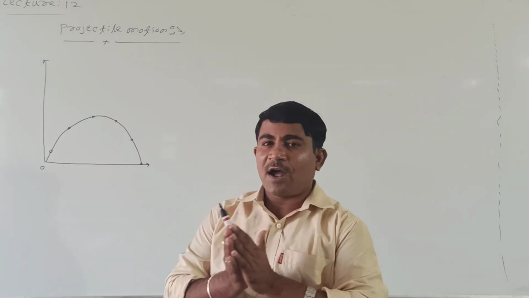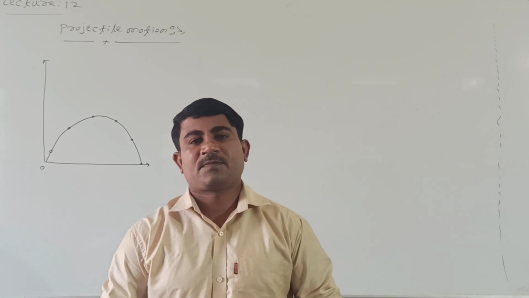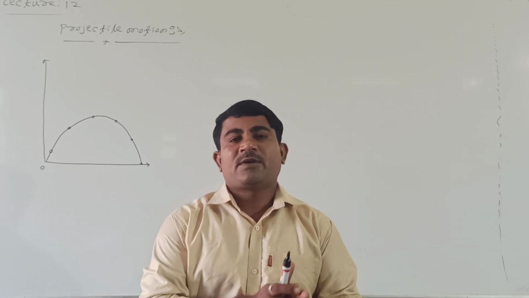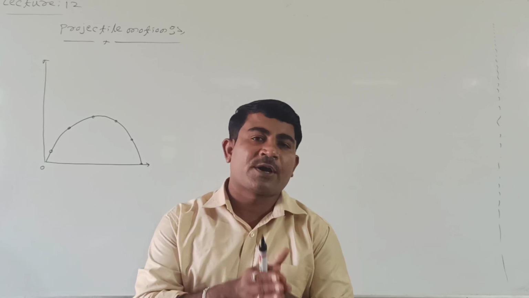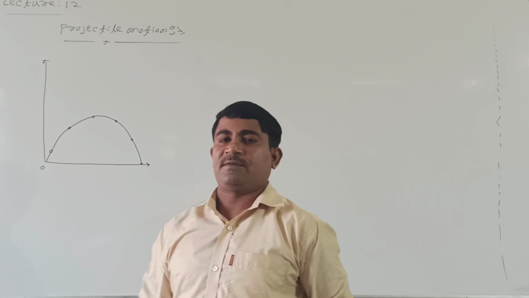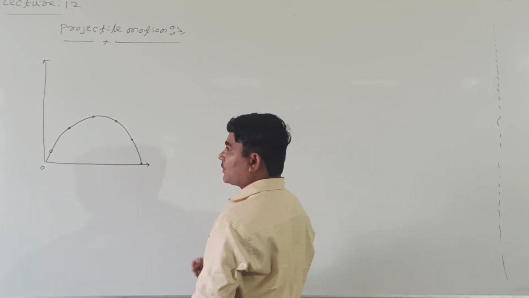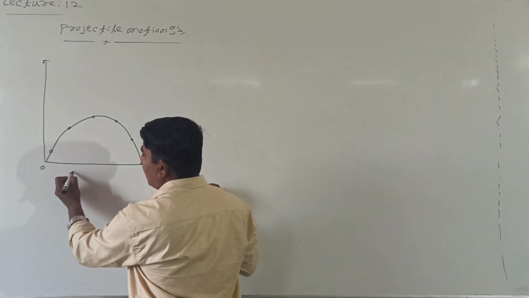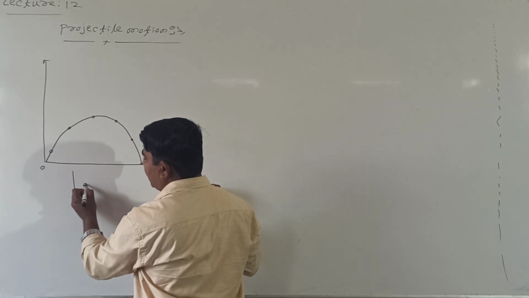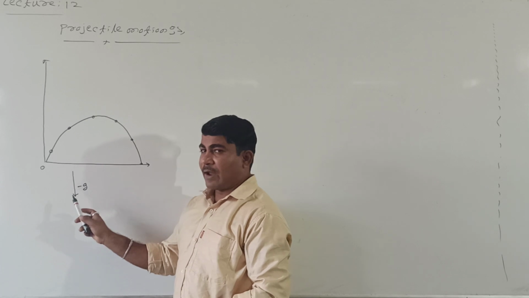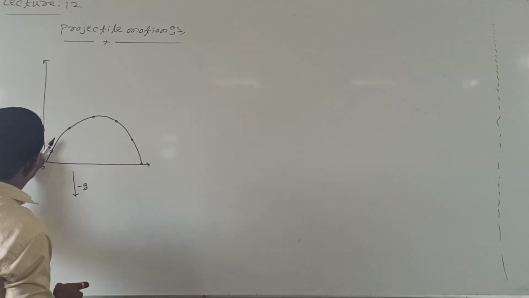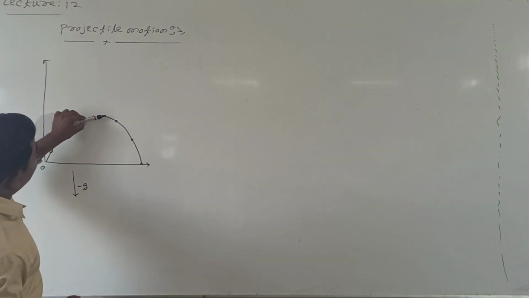Then, by knowing this, how do we define projectile motion? Projectile motion means when an object is projected near the earth's surface and moves along a curved path under the action of gravity. Acceleration due to gravity always acts in the downward direction, that is the minus z direction. Due to this gravitational force, the object moves along a curved path.